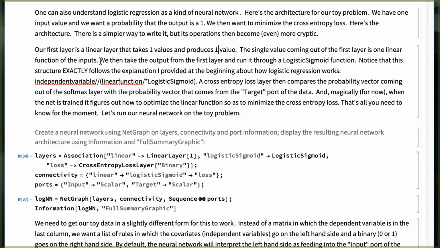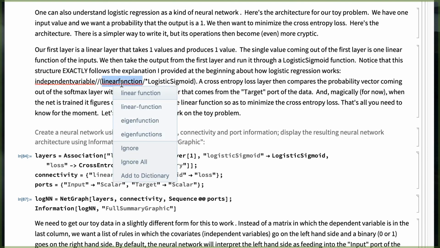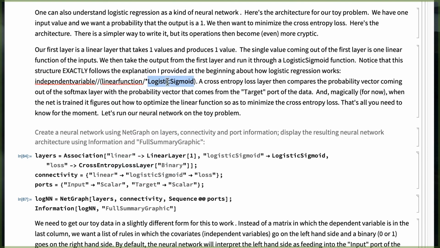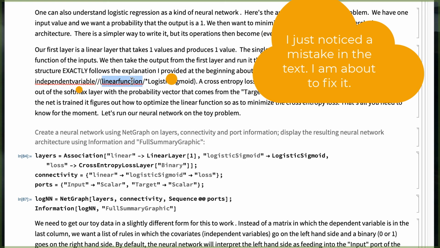We're going to take the output from that first layer and then run it through a logistic sigmoid function. And if you think about it, what I just described is exactly what I said about logistic regression. We take our data, the independent variables, and run it through a linear function and then through a logistic sigmoid. And the only difference here is instead of saying function, I say layer. Okay? That's really it.